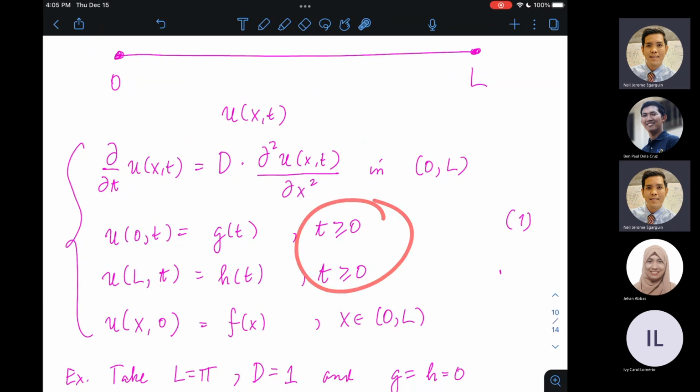Usually, alam natin yan for all time values. So, kontrolado natin yung measurements o yung temperature dun sa magkabilang dulo. Or we have a way to measure them all throughout the time experiment. And then we also have the initial condition. What is the temperature at the entire rod at the beginning of the observation period, which we usually peg at t equals 0, right?